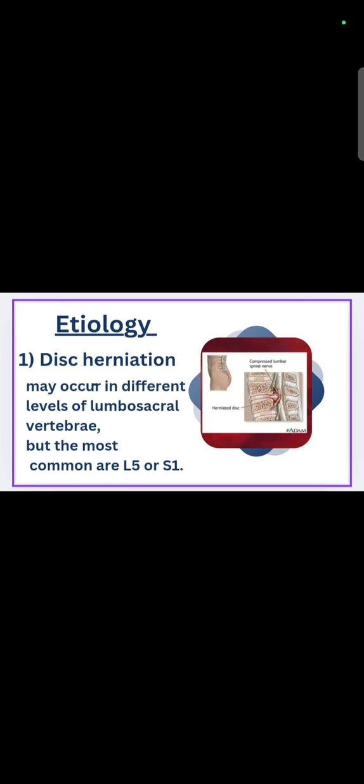The lumbosacral vertebrae are the lowermost part of the vertebral column. In that also, the specific L5 or S1 vertebra disc herniation is the main cause of the sciatica disease.